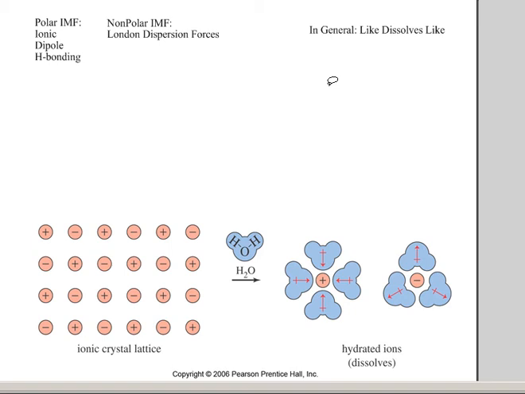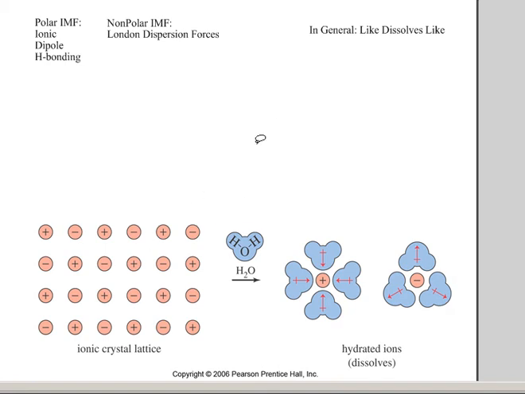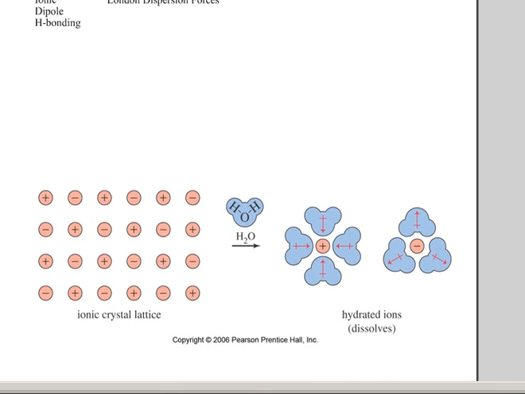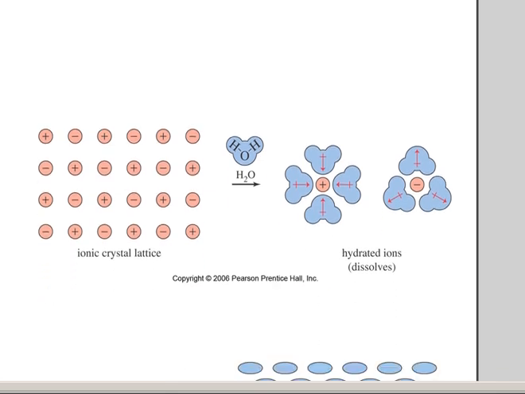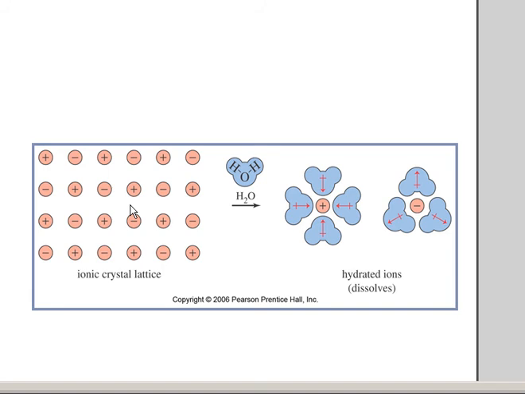And the reason for this is there's sort of a competition between the intermolecular forces between the molecules in question with themselves and with each other. So if, for instance, we look at this first case, we can talk about some sort of ionic compound interacting with itself through ionic interactions.